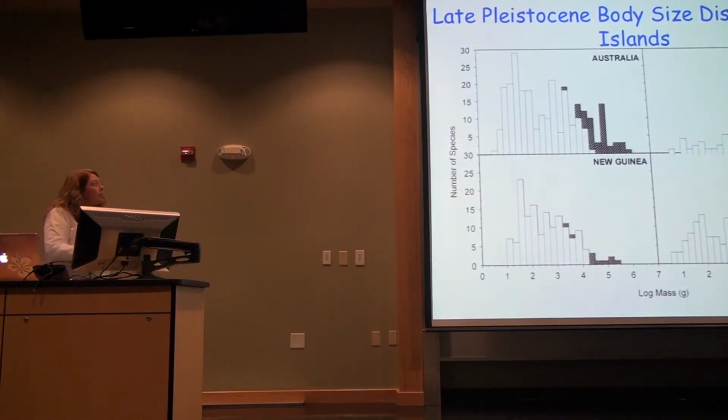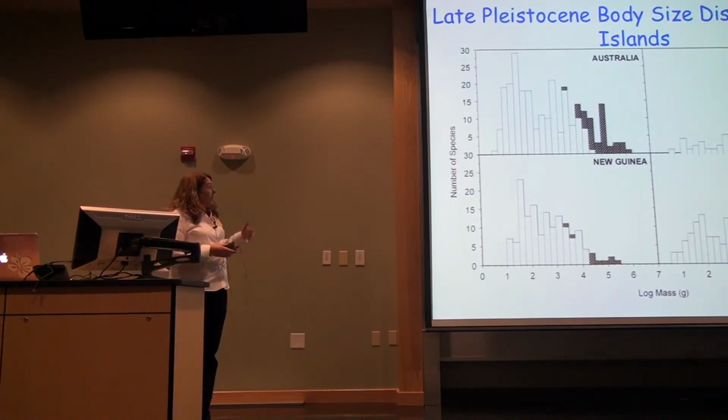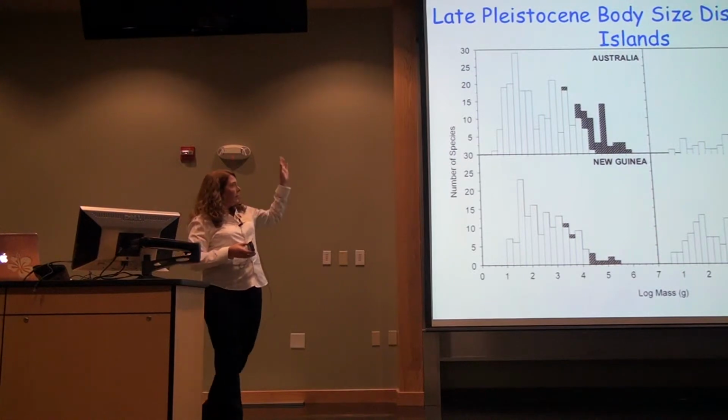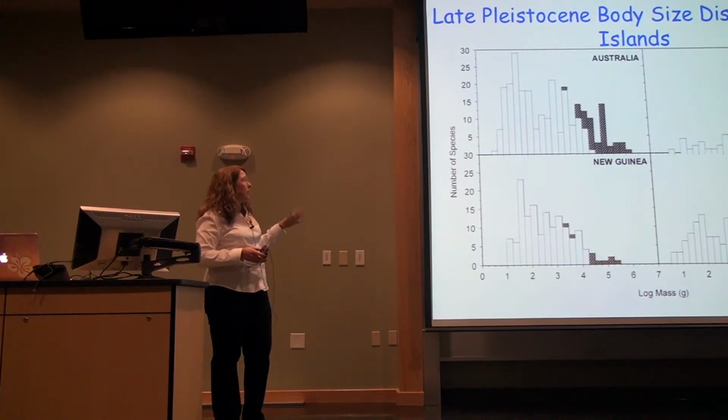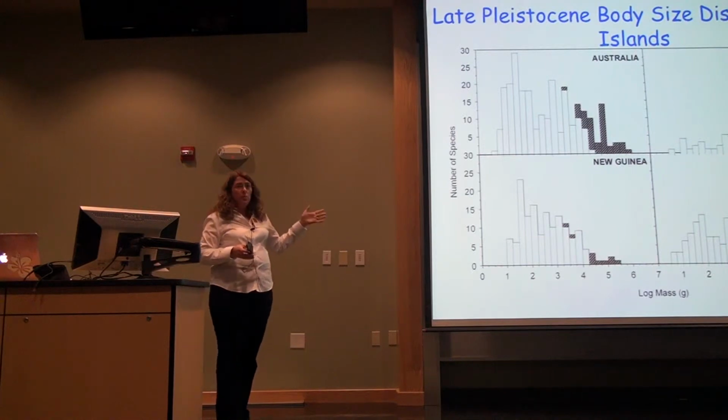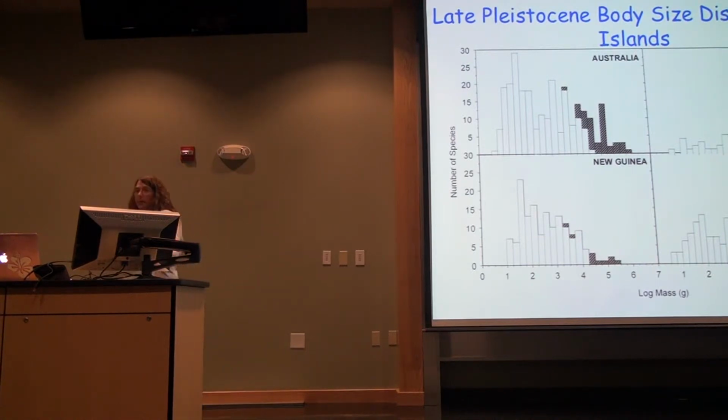Now, if we change spatial scales just a little bit and look at large islands, what we actually see is, again, this size-biased extinction. Large mammals were affected to the exclusion of smaller mammals. But what you see are these flatter distributions, like Brown and Nicoletto showed at a regional scale.